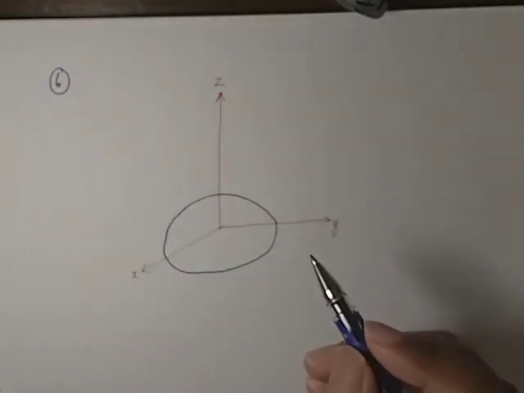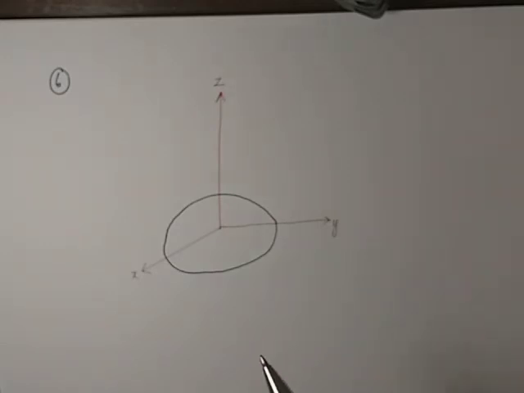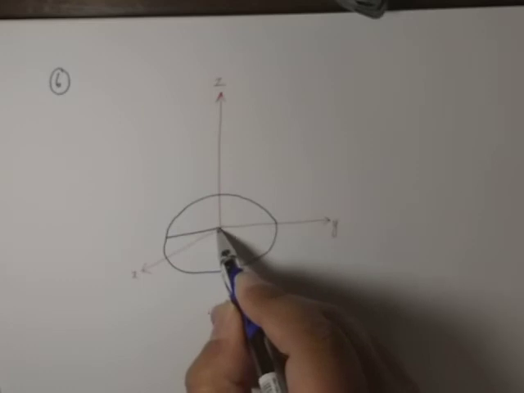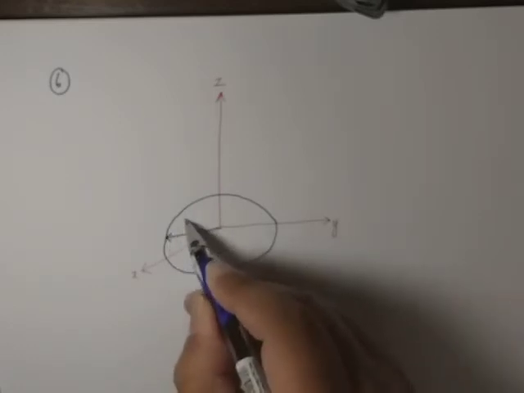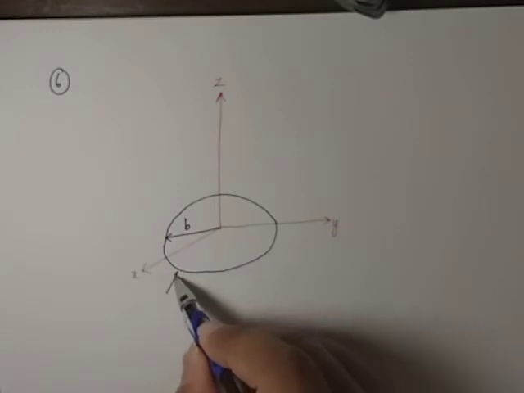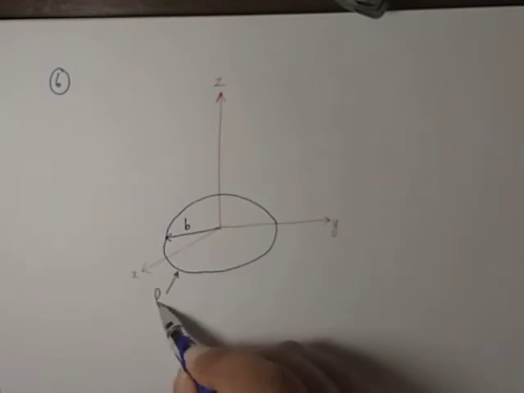I just assume it to be so, because I want to make the solution a bit easier. The radius of our ring is equal to b, and the density is given as rho L. So that's given by the question.